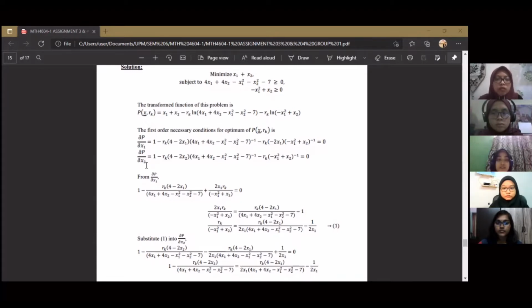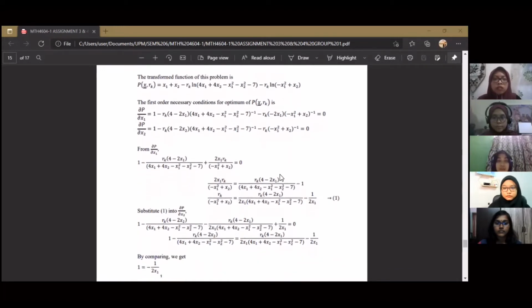Next one is differentiate P with respect to x2, equal to 1 minus rk (4 minus 2x2)(4x1 plus 4x2 minus x1 square minus x2 square minus 7) to the power of negative 1 minus rk bracket (negative x1 square plus x2) to the power of negative 1 equal to 0.